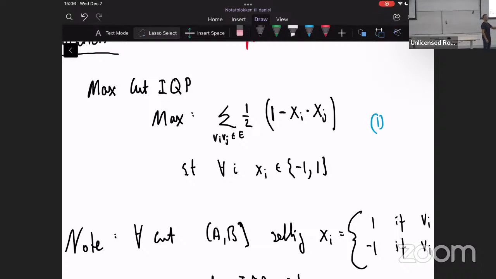Okay, can we even encode xi in {-1, 1} using linear constraints for integers? If we say xi is in Z and xi is between -1 and 1, I'll be in trouble, right? Because you can also pick 0.